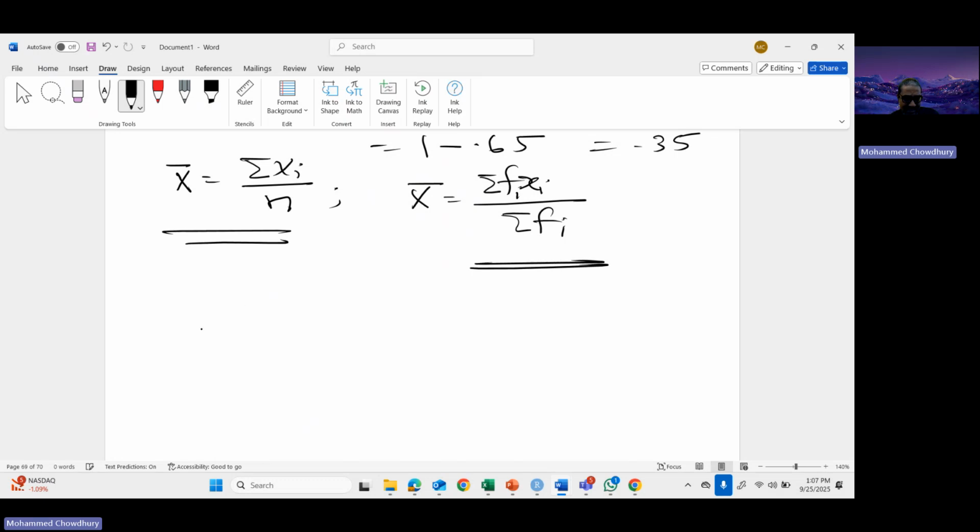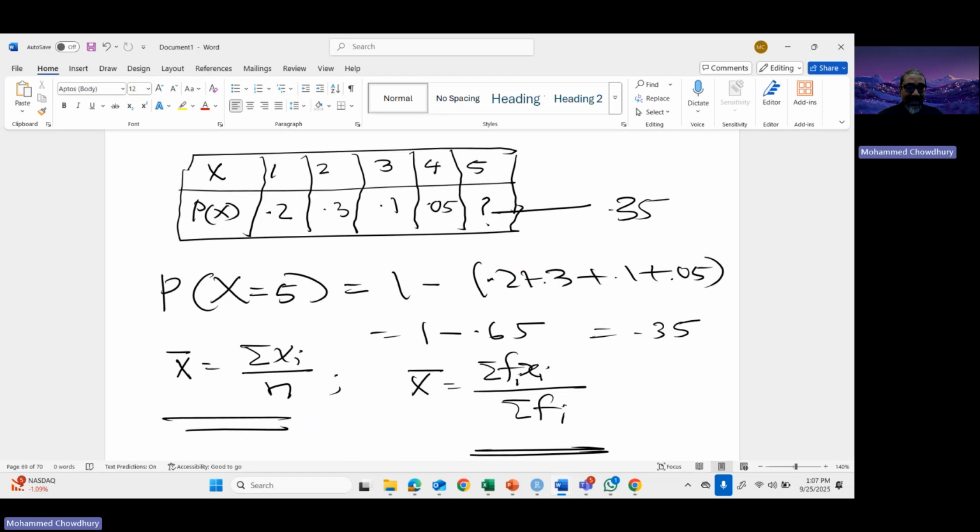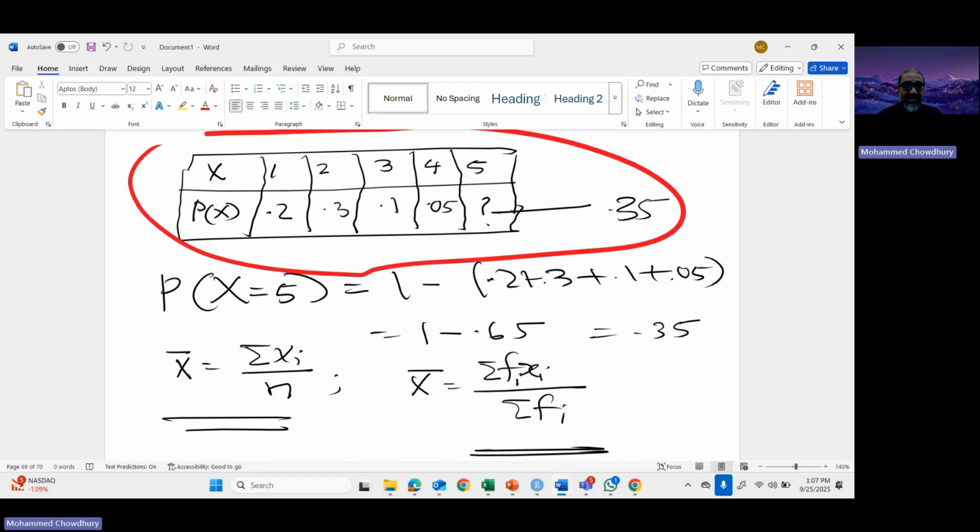Now the question is, if your data is given in a probability distribution format. So this is the probability distribution. X is a random variable. Each outcome of the random variable X has its associated probability. Probability of appearing 1 is 20%.